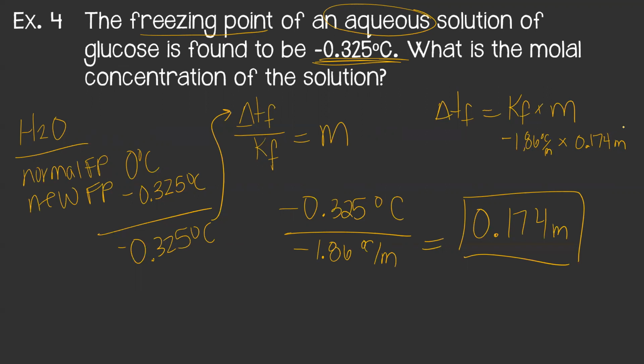Negative 1.86 times 0.174. I got the delta TF is equal to negative 0.324. Pretty close to my actual delta TF that I calculated. Okay.